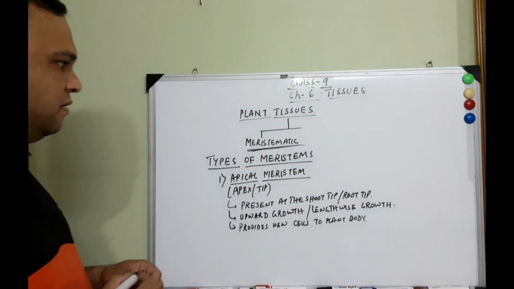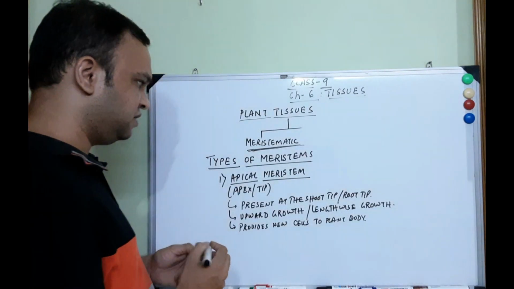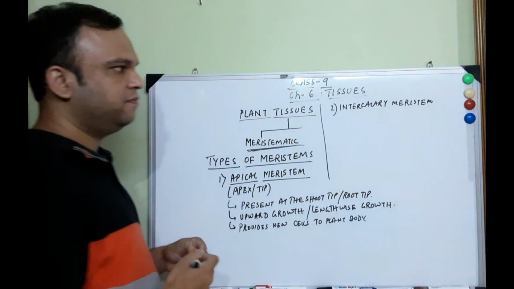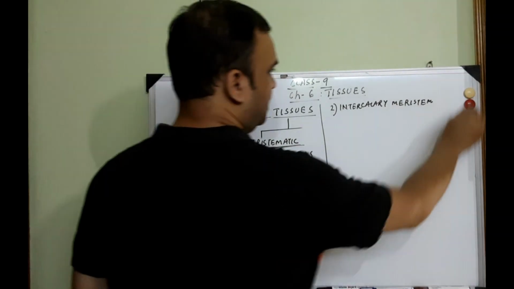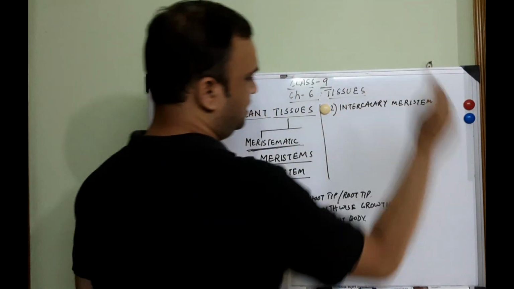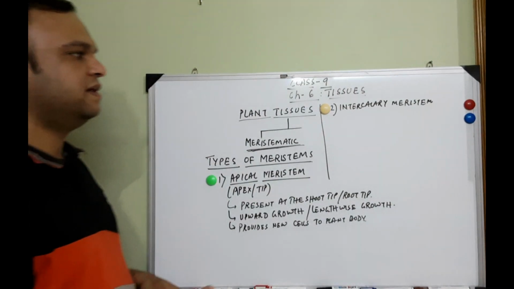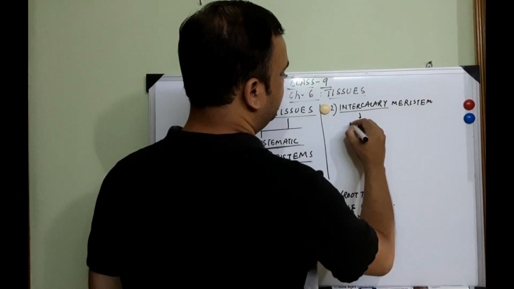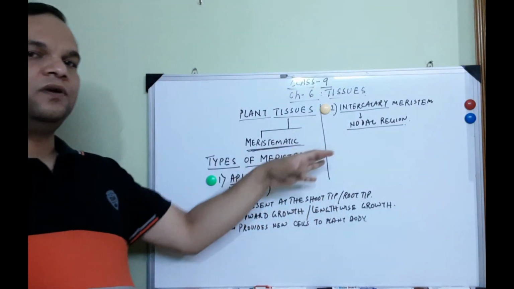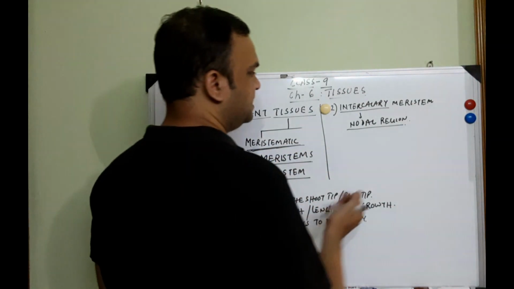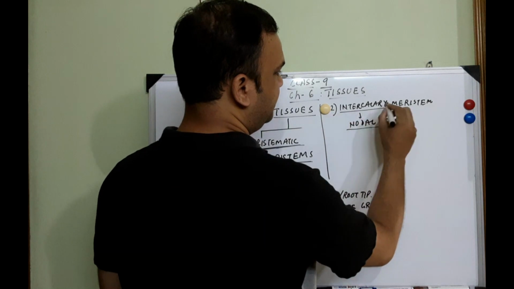Let us talk about the second type of meristematic tissue. This is the first one, this is the second, okay. This is the intercalary meristem. Intercalary is at the nodal region, okay. The meristem which you find in the nodal region, from where the branches arise, is called the intercalary meristem.